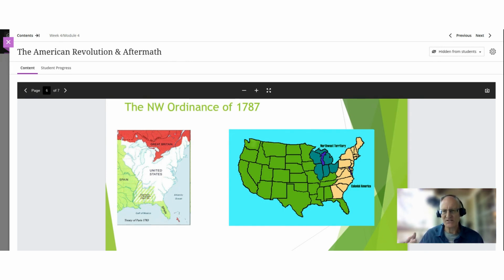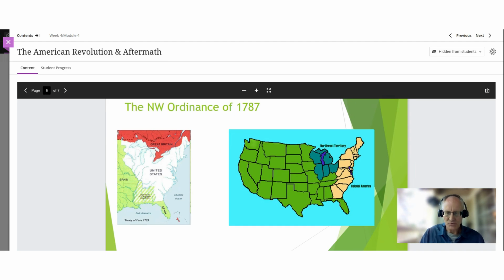So the United States won a pretty hefty land mass for itself. And the Ordinance of 1787 was a culmination of a long debate within the National Congress under the Articles of Confederation, determining what to do with the lands between the 13 states and the Mississippi River.